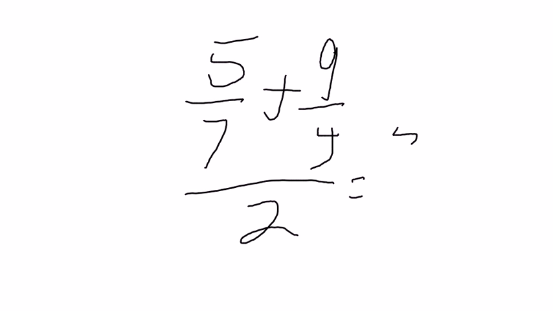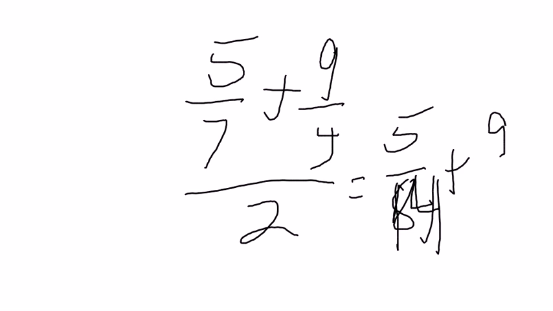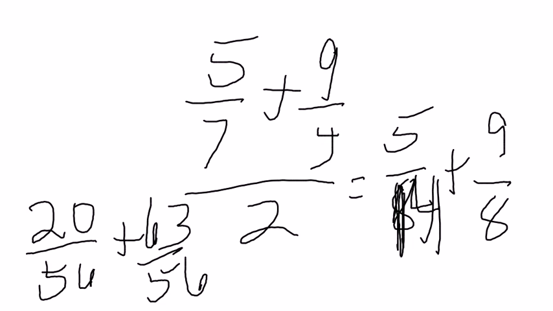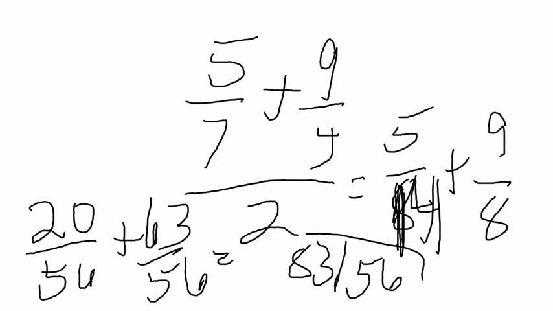If I divide by 2 now, I'm going to get 5/14 plus 9/8, and then I do the common denominator and I'm going to get 20/56 plus 63/56, which is going to give me 83/56, which is my answer. So that's the arithmetic mean of those two numbers. You just add them, divide by 2.